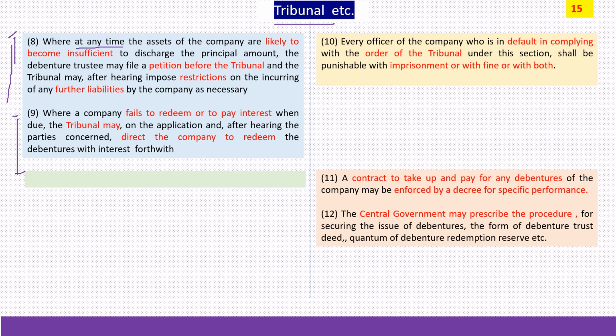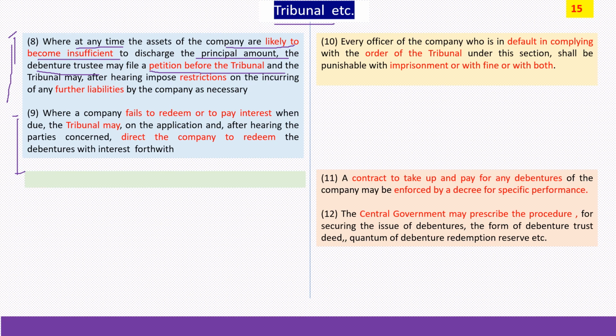At any time, if the debenture trustee is of the opinion that the company has assets which are likely to be insufficient to meet its commitments under the debenture trust deed, fearing that there will be a disaster, he can submit an application to the tribunal seeking what?